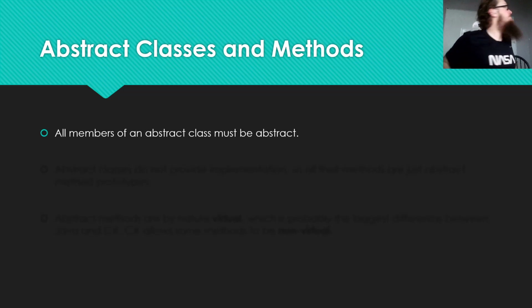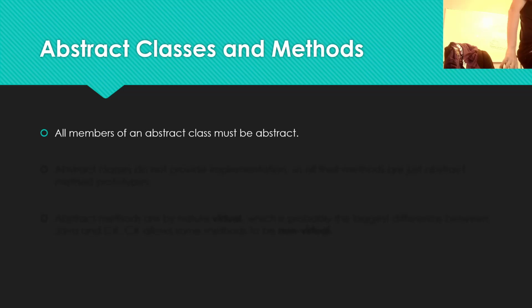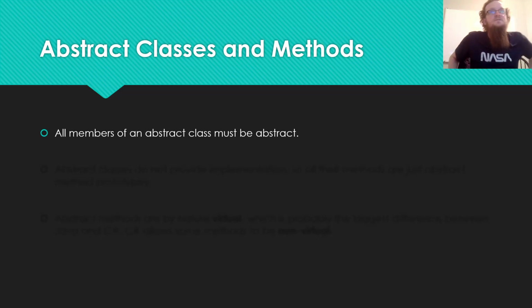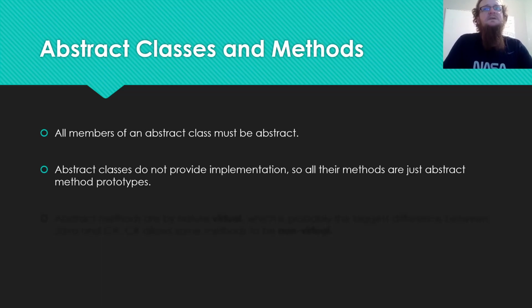Sort of stepping back to abstract classes: all of the members of an abstract class must be abstract, exactly like all of the members of a static class must be static. So abstract classes basically don't provide an implementation of any size, shape, or variety. They are specifically created to be overridden by a child class.